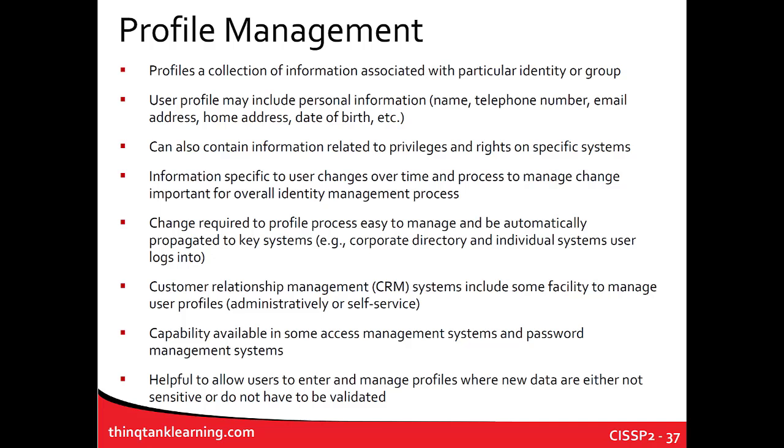As users change roles, they go into different departments, their responsibilities change. That profile data needs to be updated to reflect those changes. This is where lifecycle automation is absolutely critical.